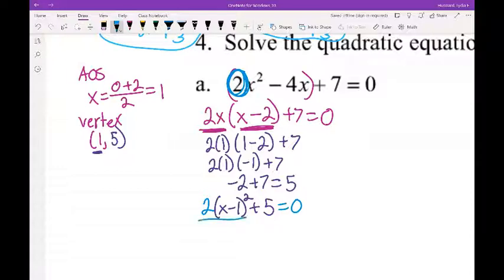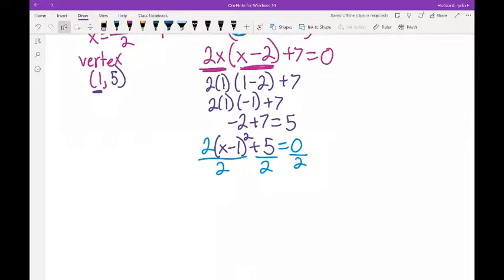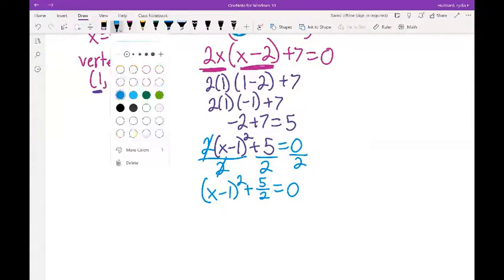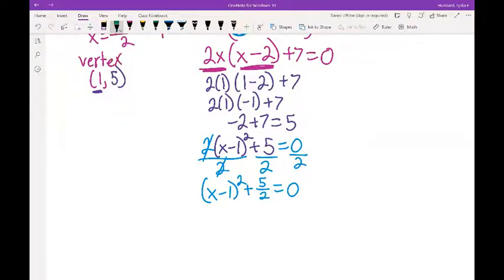So we'll divide everything by 2 because we want to get that squared alone before we can factor and solve. So that'll give us, these 2's will cancel, giving us x minus 1 squared plus 5 over 2 is equal to 0. Okay, so now we run into a slight problem, and that's coming from the fact that this is split by addition rather than being split by subtraction.